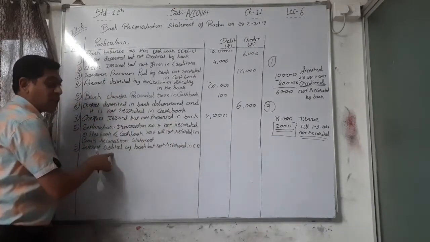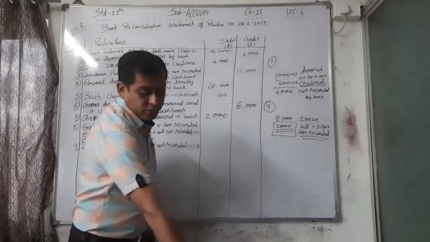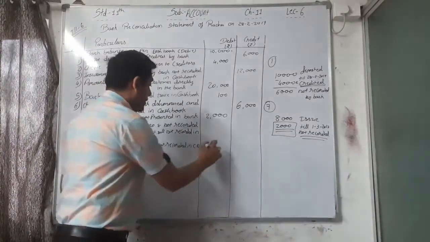Bank is credited, that's why we have to debit it. What is the amount? 200 rupees, debit.